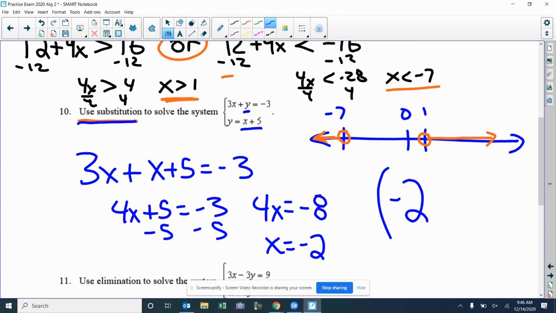Remember, this is an intersection of a system of equations. Two linears, where they intersect is what we're trying to find. We have our x now. We just need to plug into either equation, but the first one is looking pretty slick for me. I already solved for y, which is what I'm trying to get. So I'm going to have -2 plus 5 to give me 3. So there's our first 10.